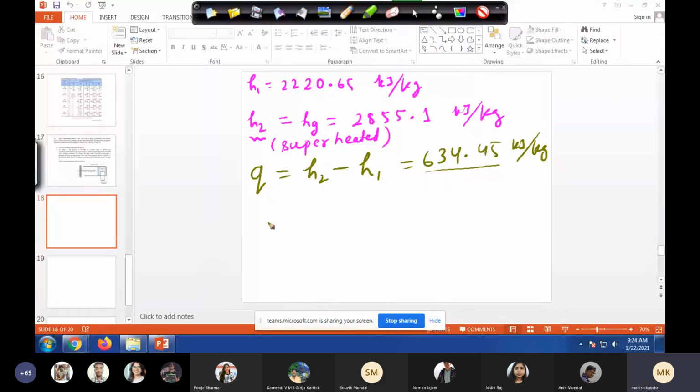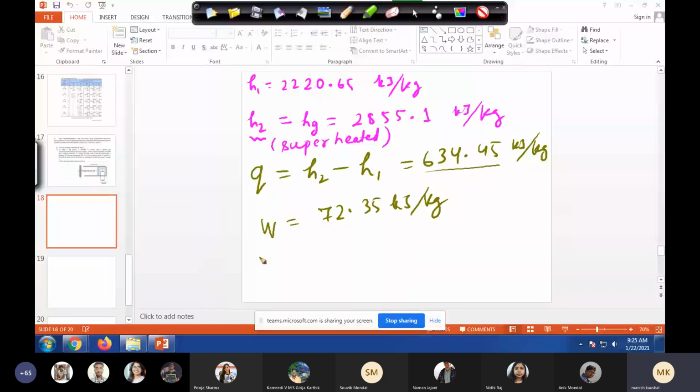Now about the work done. The work done should be straightforward. So I'll tell you what V2 is. This I leave to you guys. Is anyone getting the wrong answer for work done also? Work done should be 72.5 0.35 kilojoule per kg. Is anyone getting something different from this? Then only I will try. So it's straightforward.